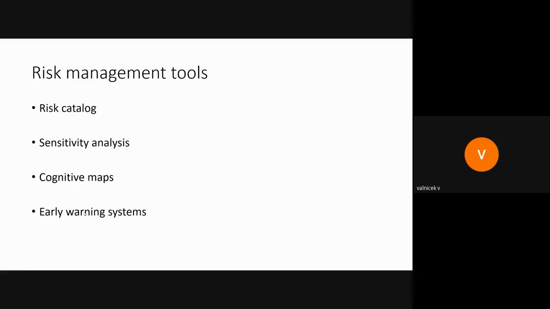Then we are using the sensitivity analysis, which helps us to define which risks are significant for our projects and which risk we can ignore. We are using the cognitive maps as well and the early warning systems, which will give us information about risk in advance.